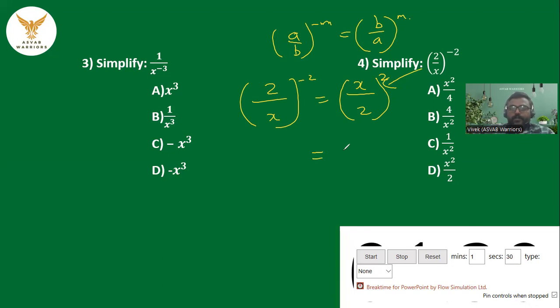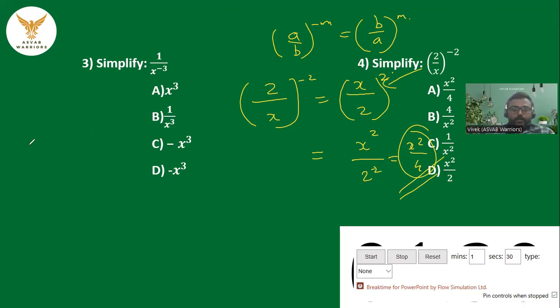So you can simply convert these powers. You can just individually put the powers on the numerator and denominator: x squared over 2 squared, which is x squared over 4.